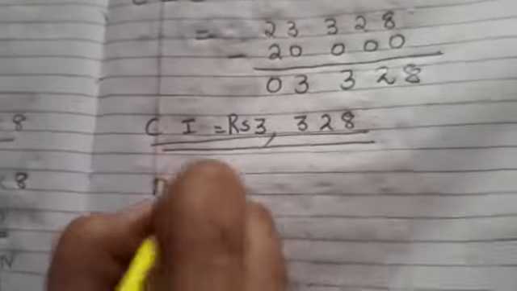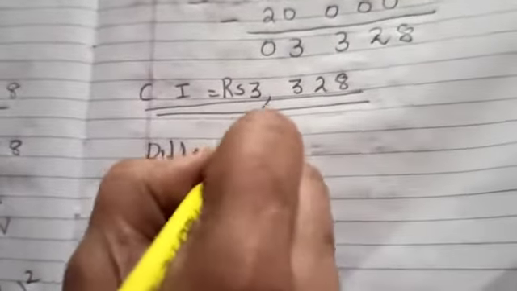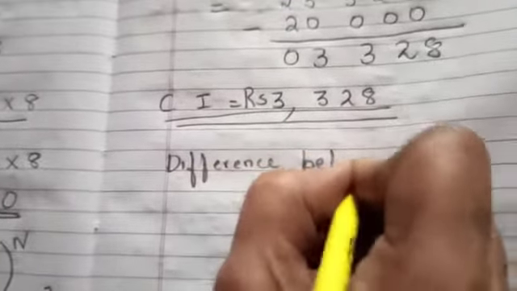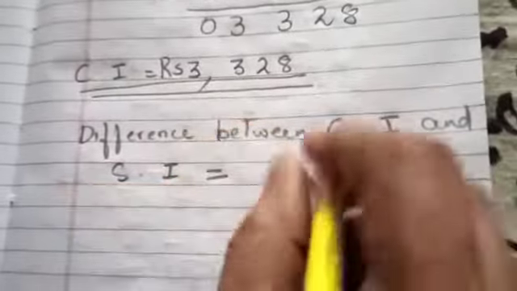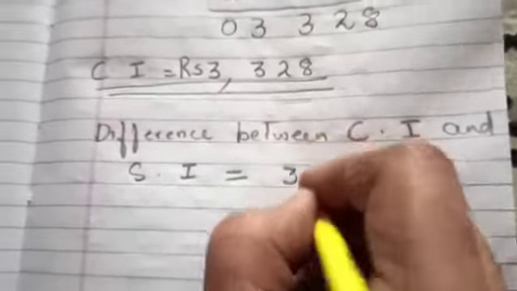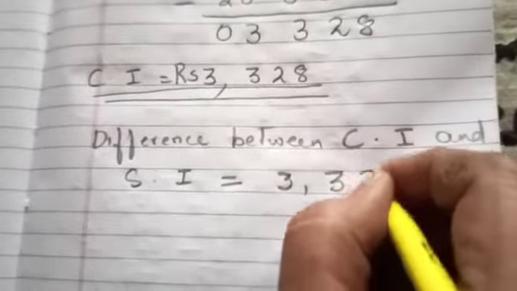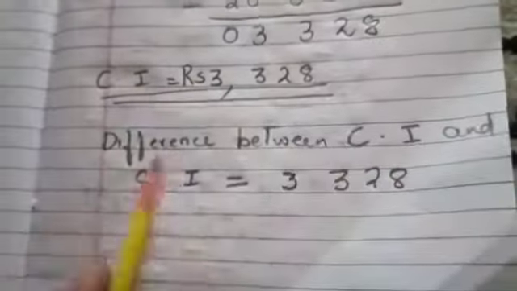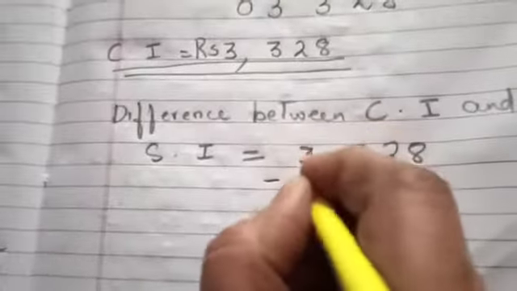So they want to know what is the difference. So now the difference between compound interest and simple interest is equal to 3,328 minus 3,200.